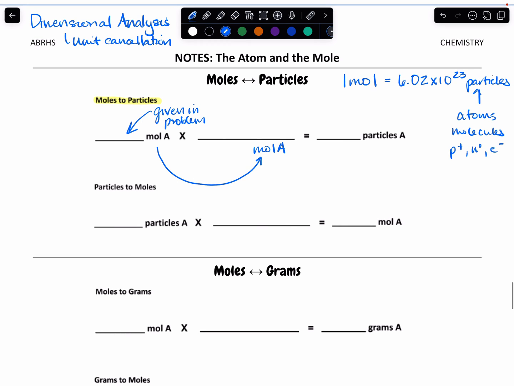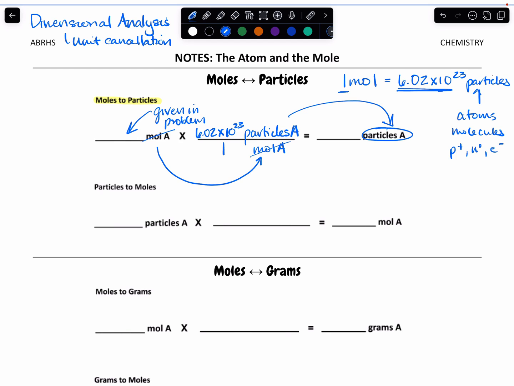We're trying to find particles of that substance, so that's going to be in the top, particles of A. And then our unit equality tells us what numbers need to go with each of those units. So one mole of any substance contains 6.02 times 10 to the 23rd particles. Our moles are going to cancel, and the unit that is left is the unit of what we are looking for.